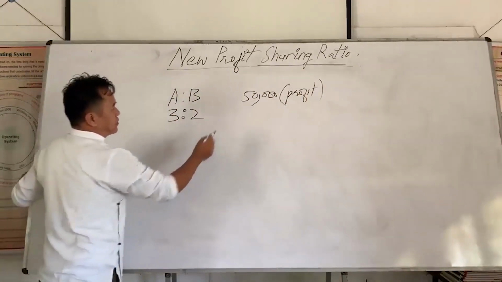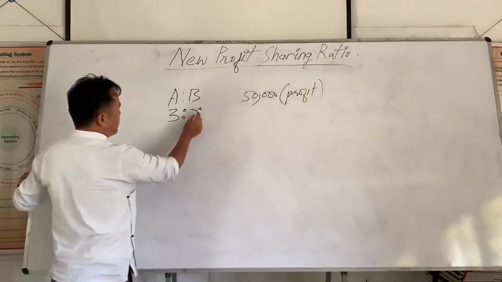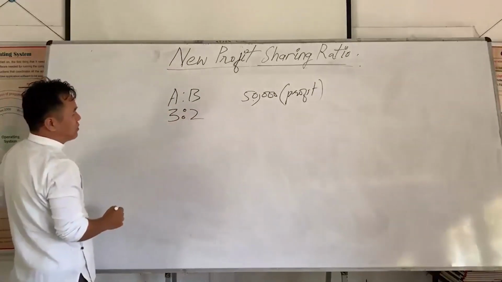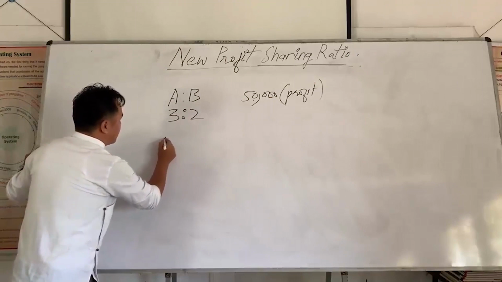If we distribute the profit between A and B in their own profit sharing ratio, then A will get how much?